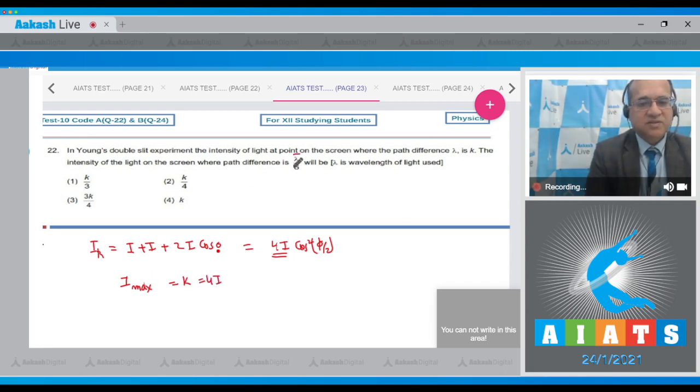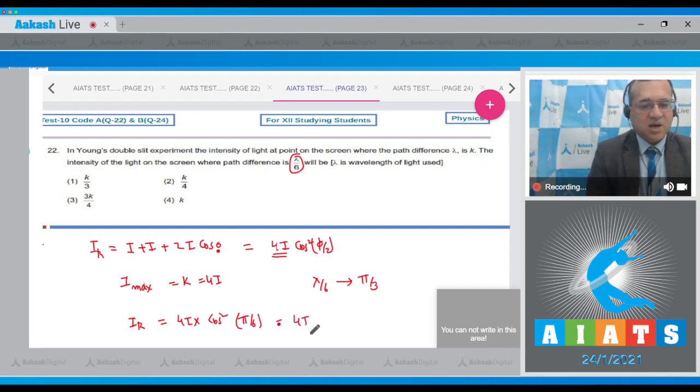Now when the path difference is lambda by 6, it corresponds to a phase of pi by 3, and therefore the intensity at that point will be equal to 4I cos square phi by 2, where phi by 2 is pi by 6.